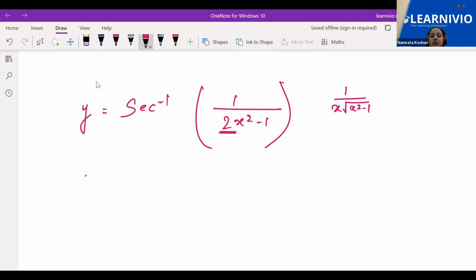So can we write it as dy by dx? We have to find it the way we did previously. Sec y is equal to 1 by 2x square minus 1. We try doing the derivative now. Let me check.